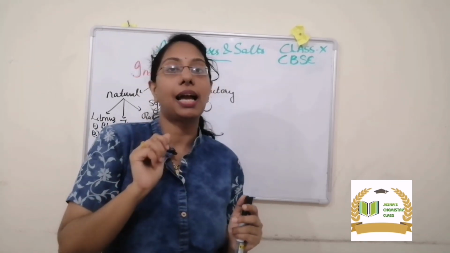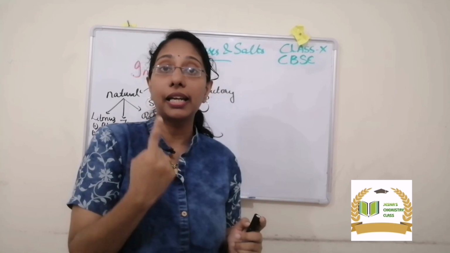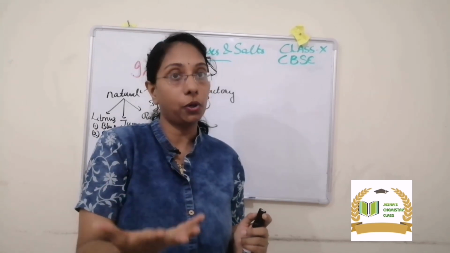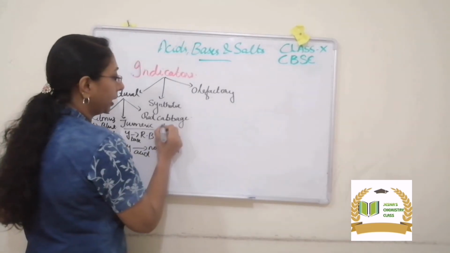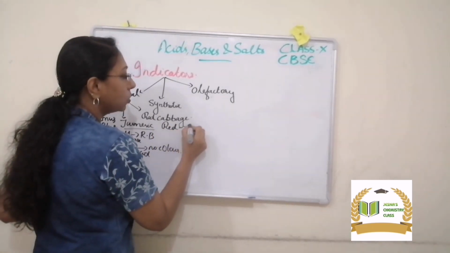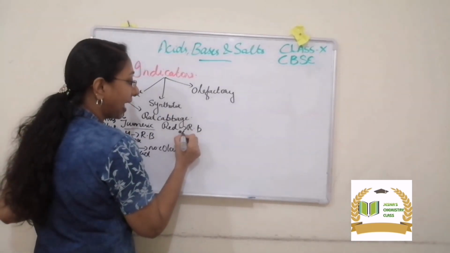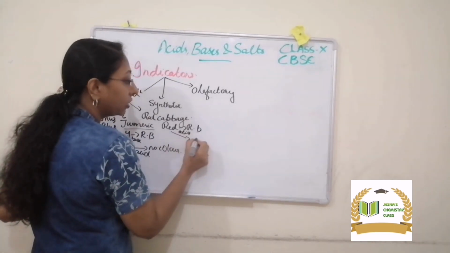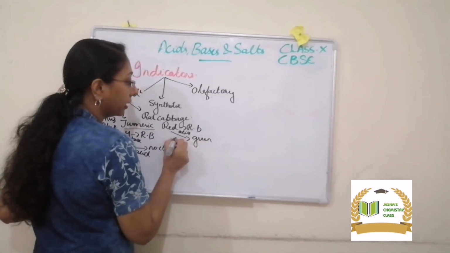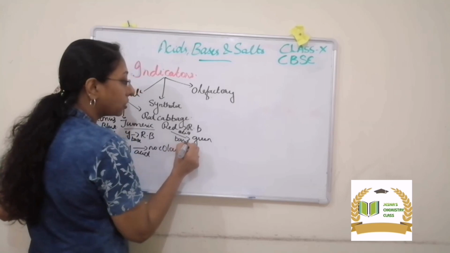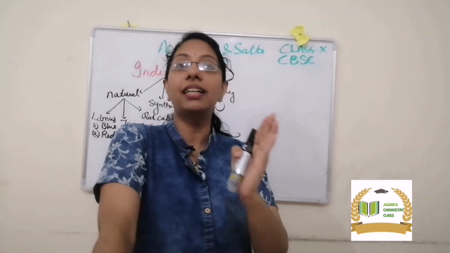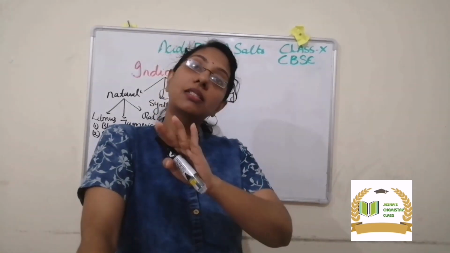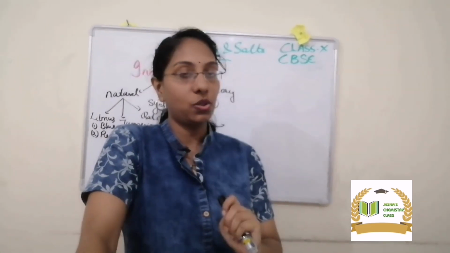We can see that a reddish brown color is produced. So the red color of the red cabbage solution changes into reddish brown in an acid, and the red color changes into a green color in a basic solution. In that you can add a little bit of soap solution. You can see that the red cabbage solution gets turned into a green solution.